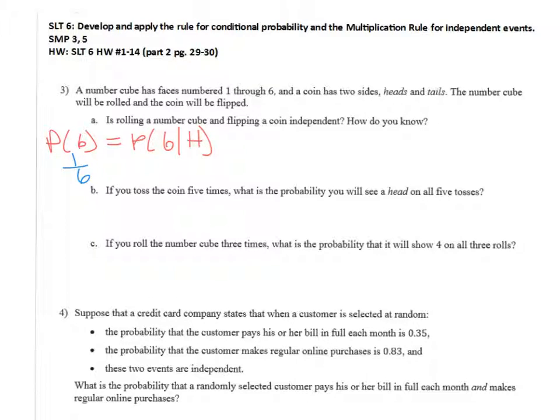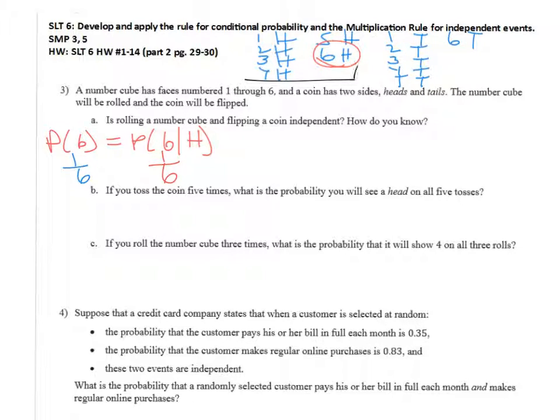So if we think of our sample space, all of these are the outcomes. So the probability of getting a 6 given we got a heads is 1 out of 6. Because since it's only given heads, you can only look at these outcomes, and there's 6 of them. They're equal, so it's independent.